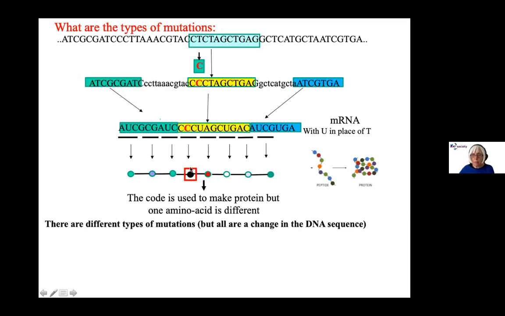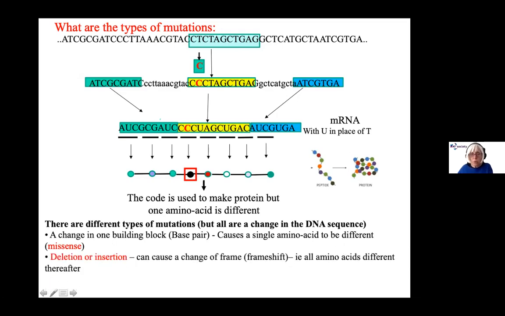That's called a missense mutation. It's just a change in one of those building blocks, and it will cause a single amino acid to be different. We talked about insertion or deletion.